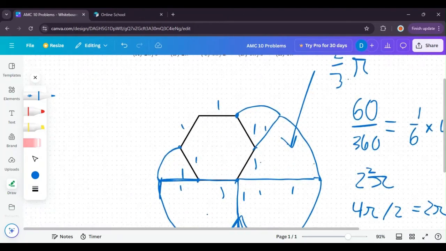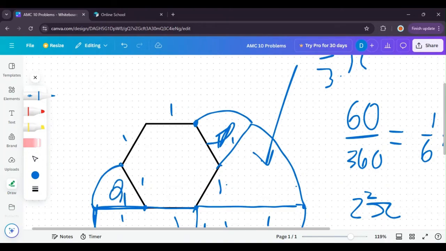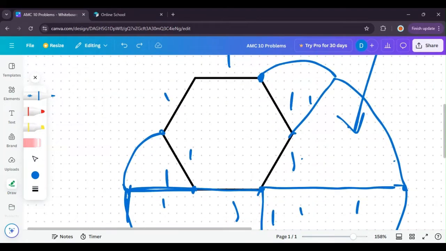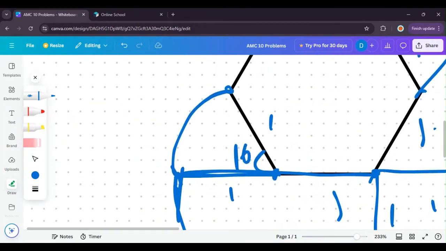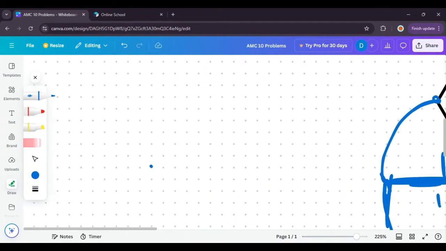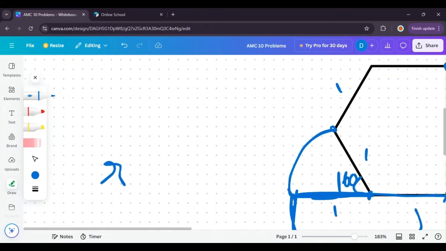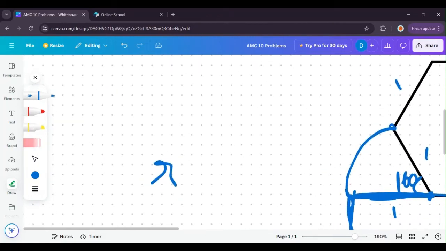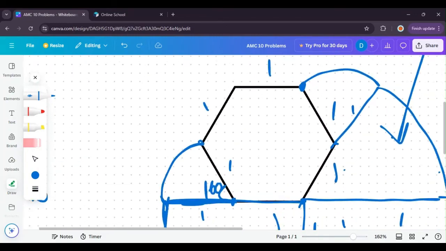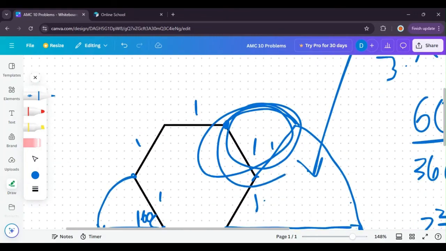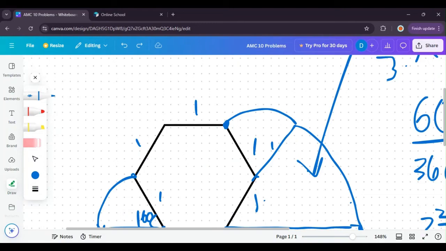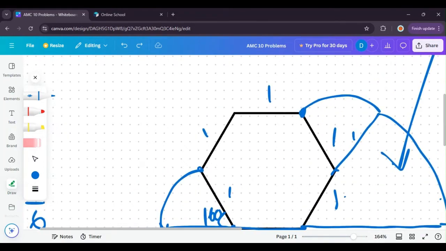And we only have to calculate this part now, these two small regions. Okay, so we know that this is 60, but the radius of this circle is 1. So the area of the entire circle is just pi, because pi r squared, radius is 1. Then it is a sixth of the area, so 1/6 pi. And the same goes for this entire part of the circle with a radius of 1.